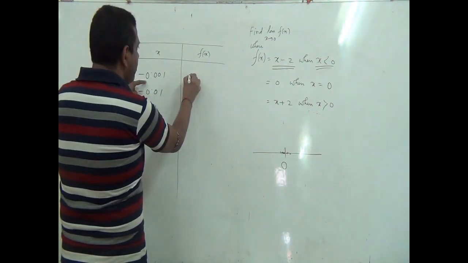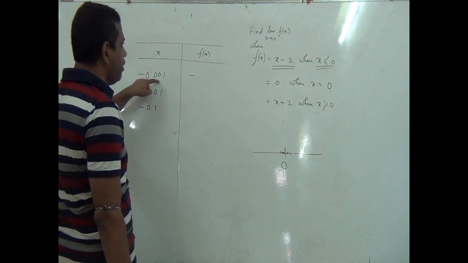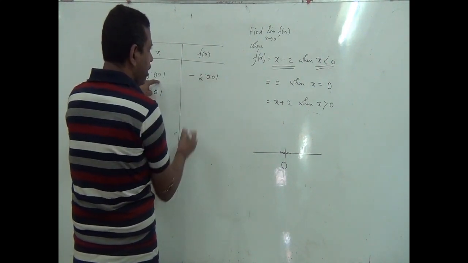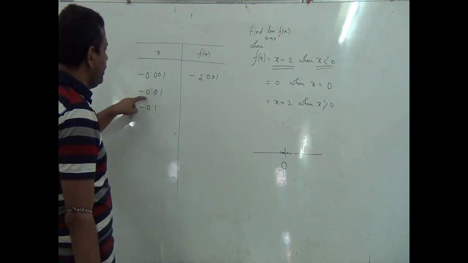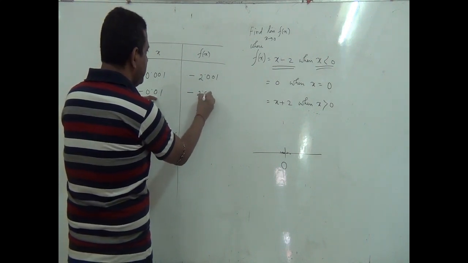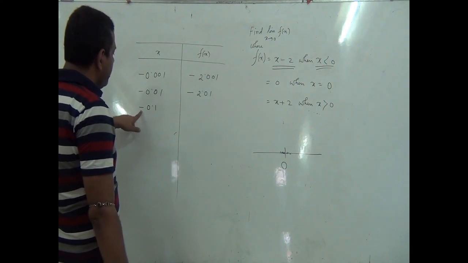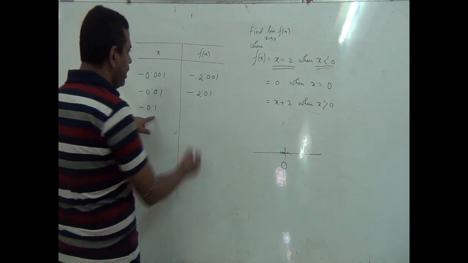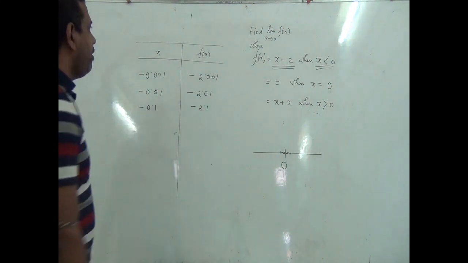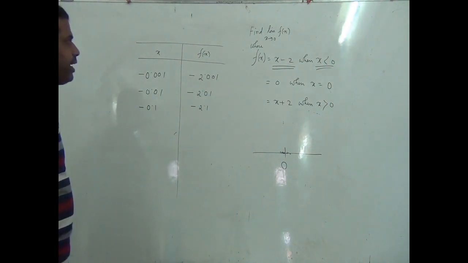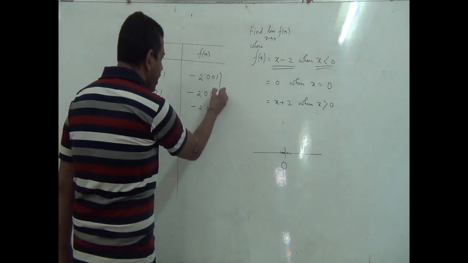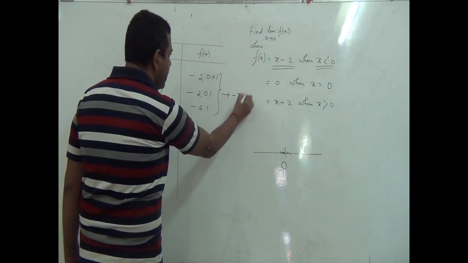When x is minus 0.01, our f of x is minus 2.01, and when x is minus 0.1, then our f of x is minus 2.1. Now, when x tends to less than 0, you see from here our f of x tends to minus 2.